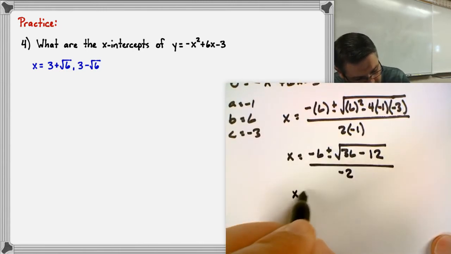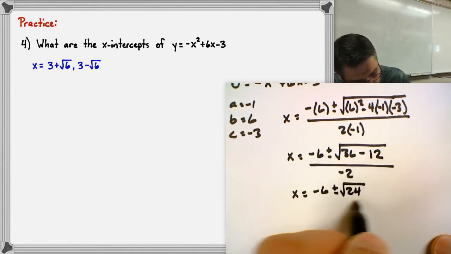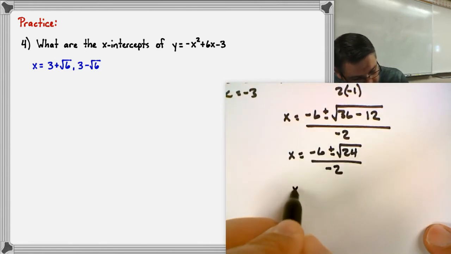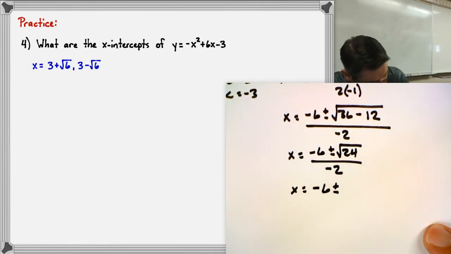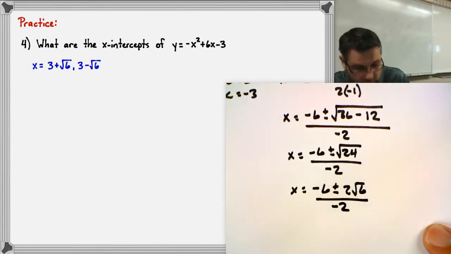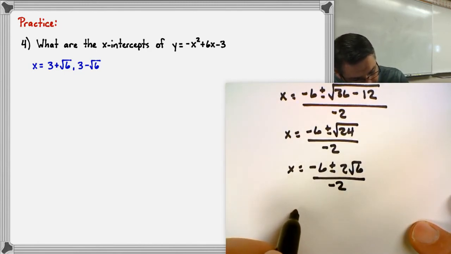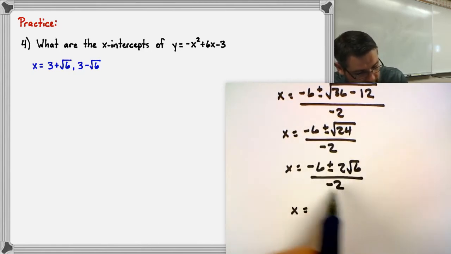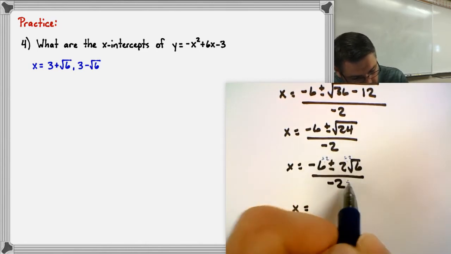And then we end up with x equals negative 6 plus or minus the square root of 24 over negative 2. And then we can simplify that radical. I'm not going to spend a long time doing that. Let's see, that's 6 times 4, so it's going to be 2 radical 6 over negative 2. And then we'll break it up into the two cases. Actually, we could go ahead and reduce this first. We recognize that all three terms are divisible by 2.